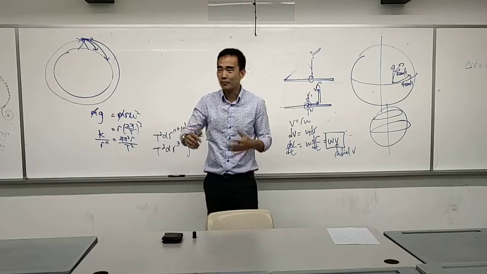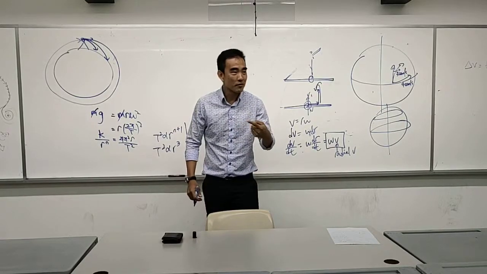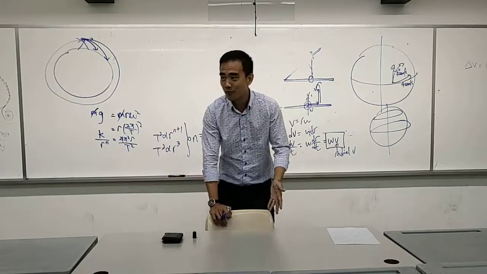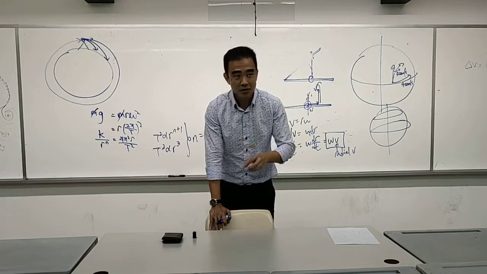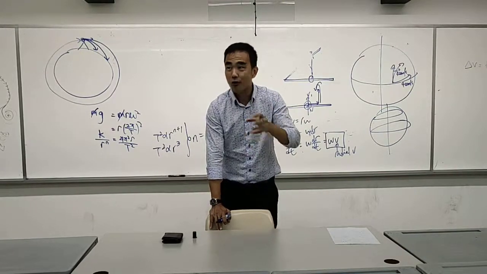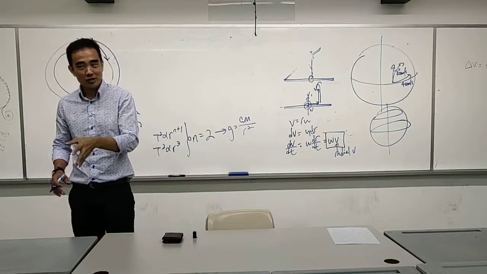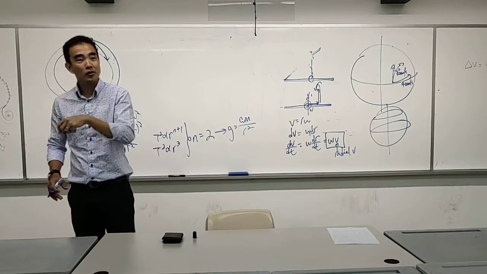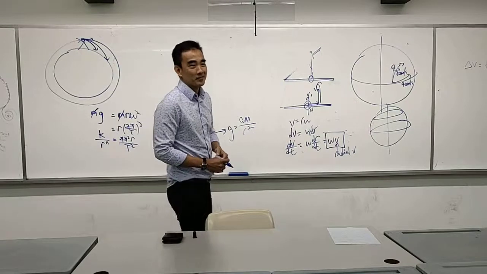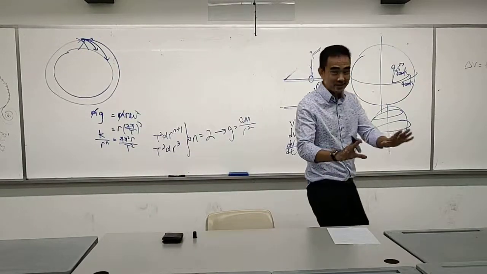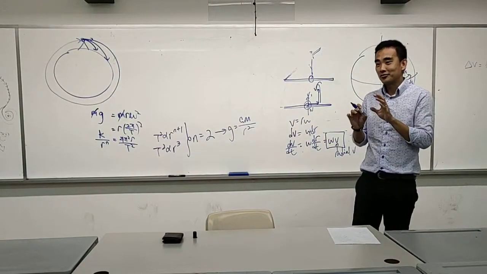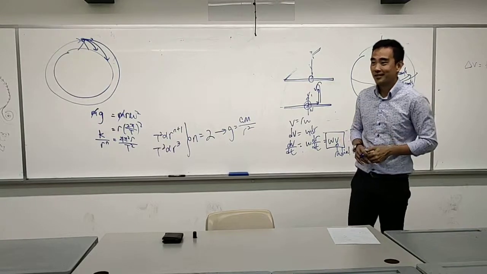If you have current, moving charges. If you have a solenoid, moving charges. So it's actually an effect of moving charges on moving charges, and we call it the magnetic field.